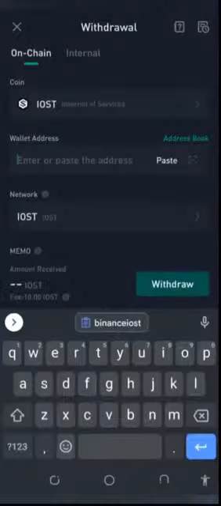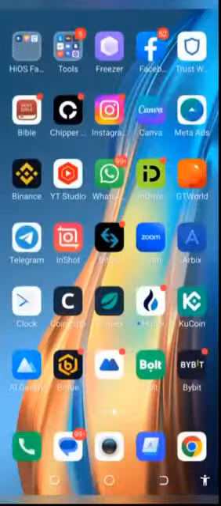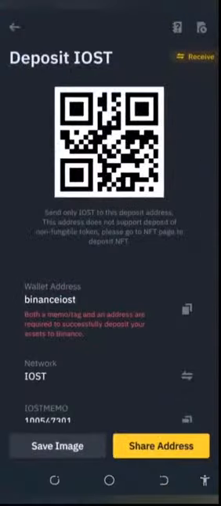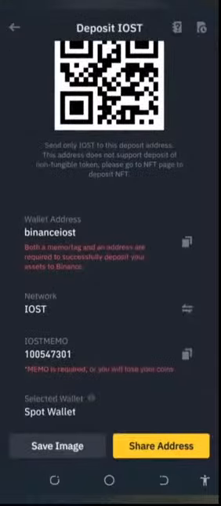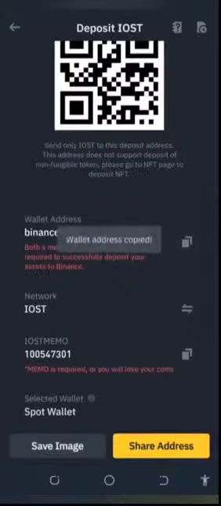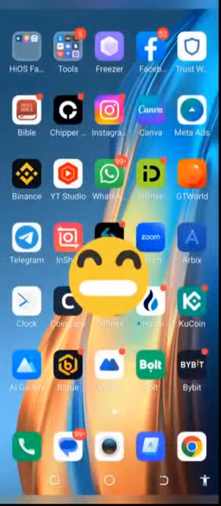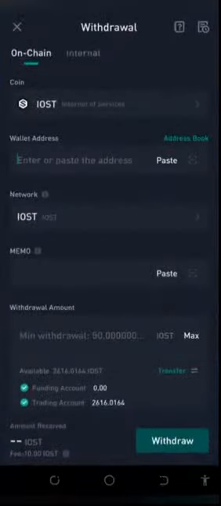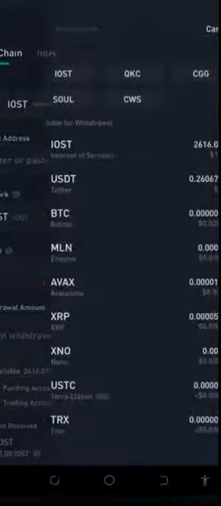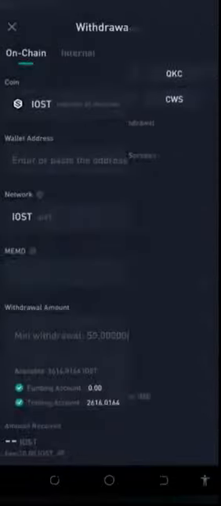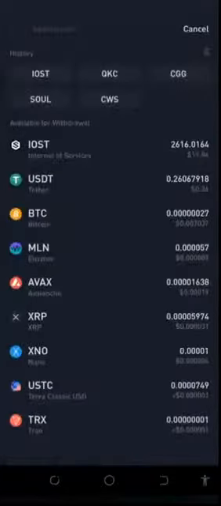Let's just go back and copy the right thing. Oh, wallet address. It says Binance IOST. That's interesting. Okay, well, I think I still copied the right thing. I don't know why it's looking like that. I think it was just looking funny to me. Of course, if it was wrong, it wouldn't allow me to paste it.